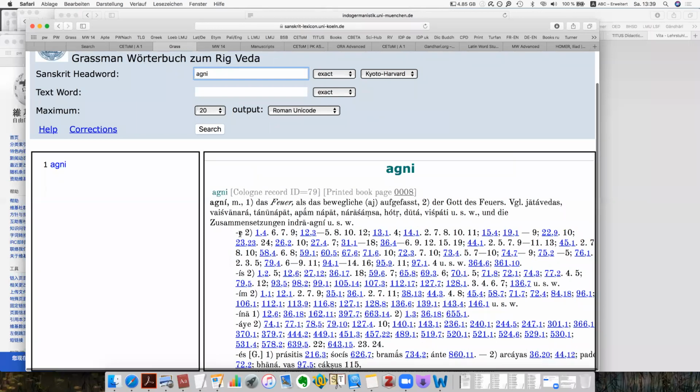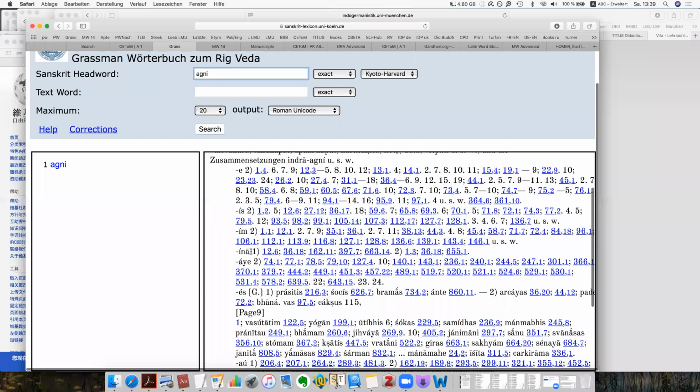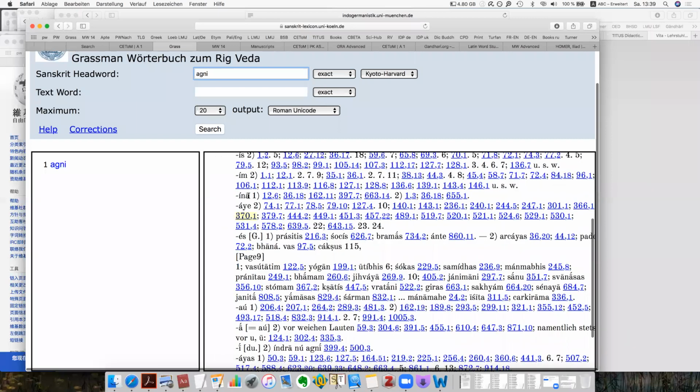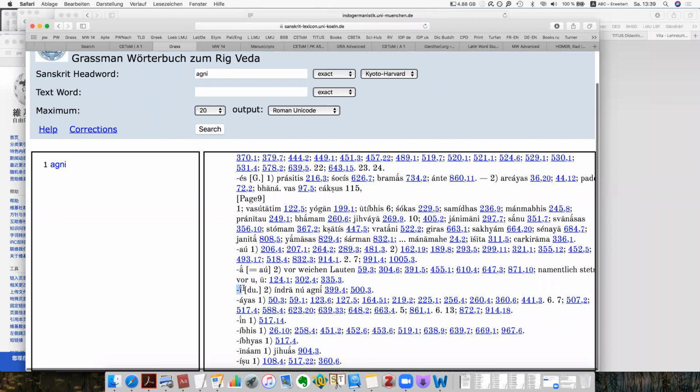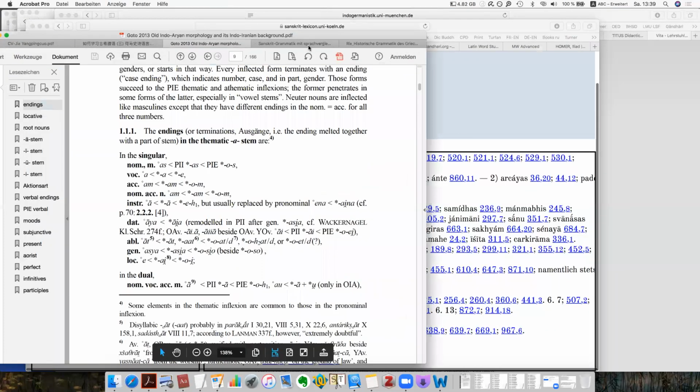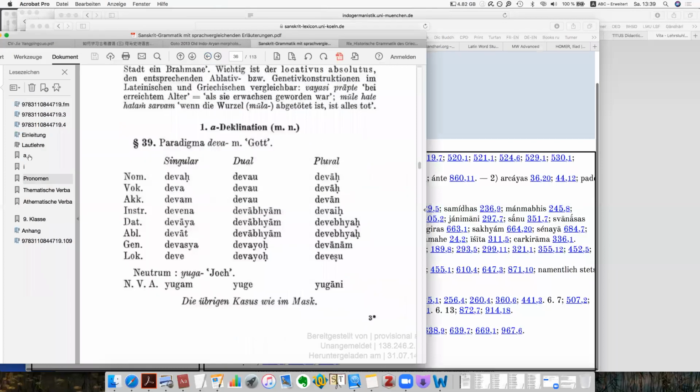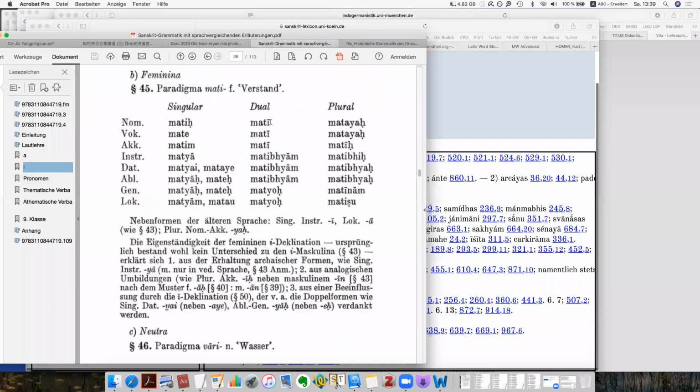So Agni. You have Agnis, Agnim, Agnina, Agnaye, and so on. And here you find Agni, right? But take a look. This Agni is dual. As you can see in the grammar, this is a dual, right?